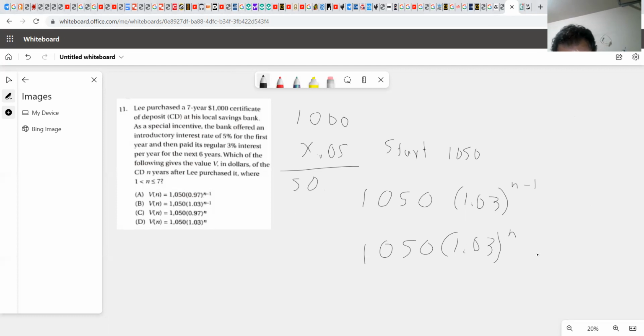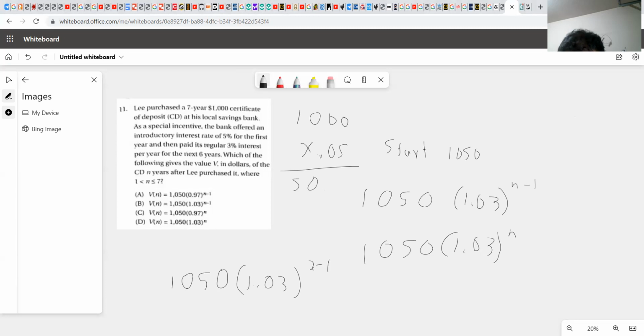So if I put 2 into this formula, it would be 1,050 times 1.03 to the 2 minus 1, right?